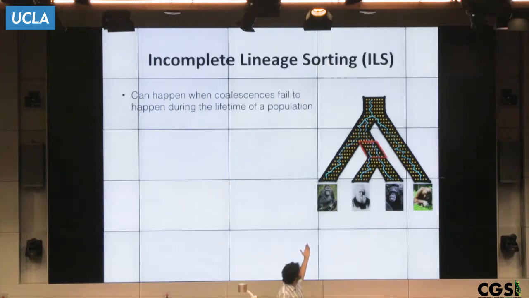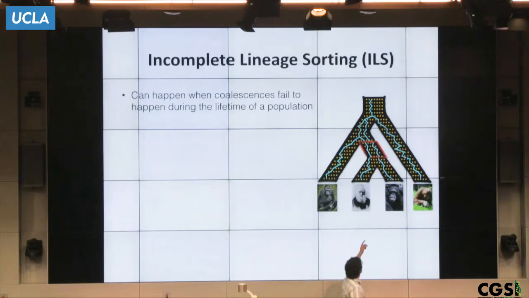So let me just go back and forth so that everyone sees this, right? Just by random chance, the coalescence could have failed to happen in that red population. And when the coalescence doesn't happen there, you go further up. Now you have three lineages, and human has the same chance of coalescing with gorilla first, or with chimpanzees first; there's a 1/3, 1/3, 1/3 chance of each of the three possible coalescences happening first.